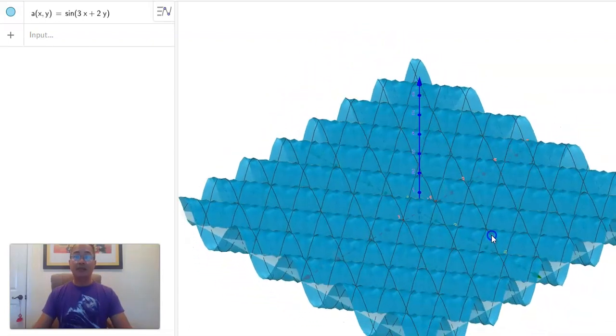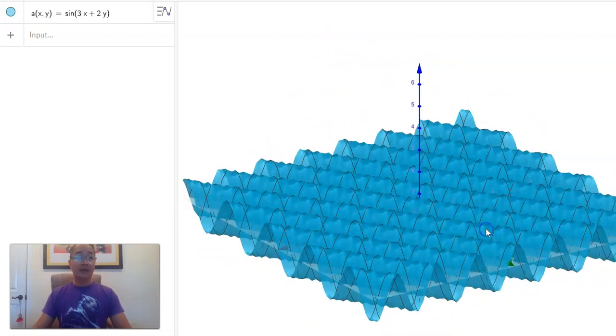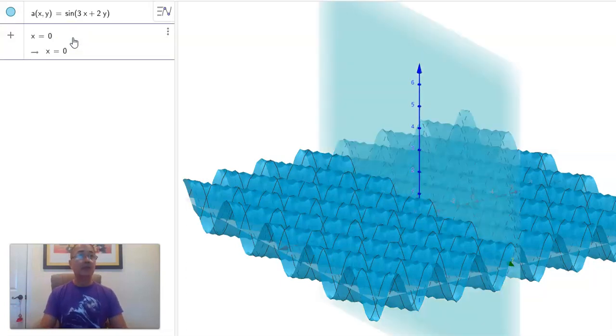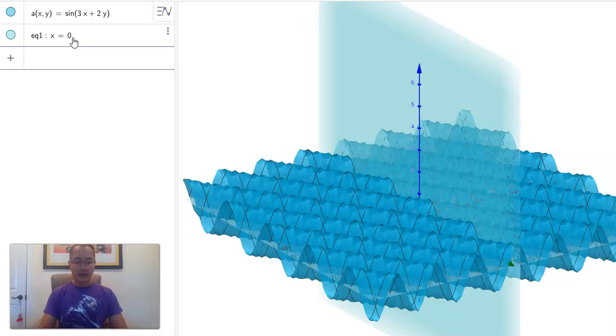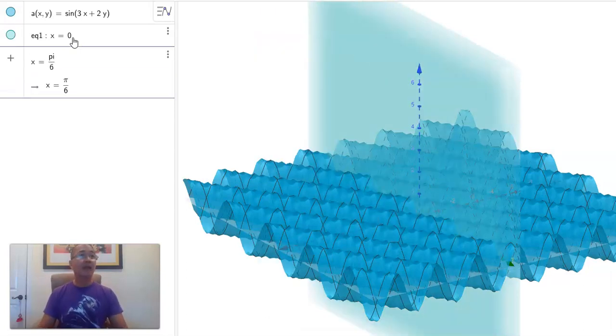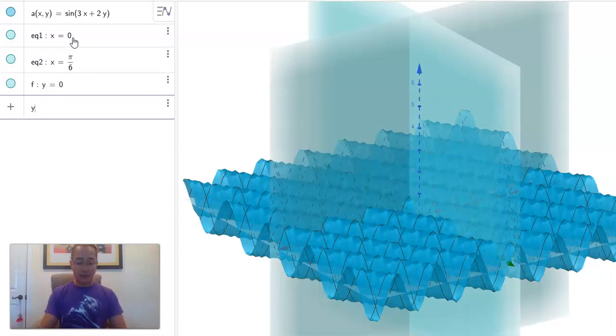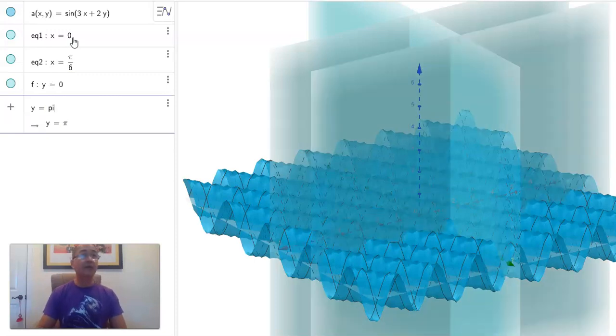It should be periodic in two directions, along both the x and the y. But our domain is very small. We're going from x equals 0 to pi over 6, and then y equals 0 to y equals pi over 4.